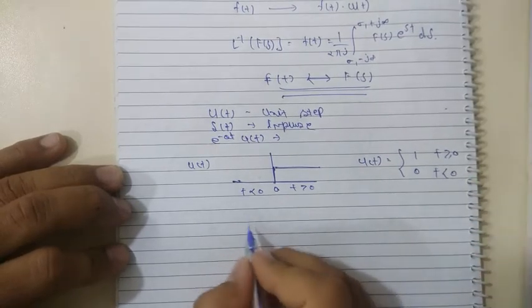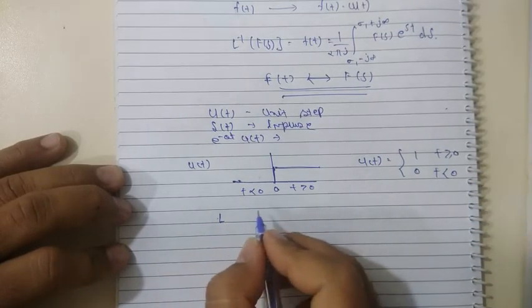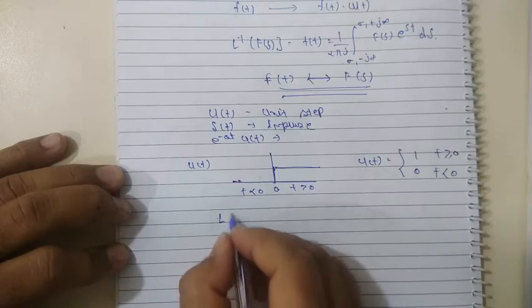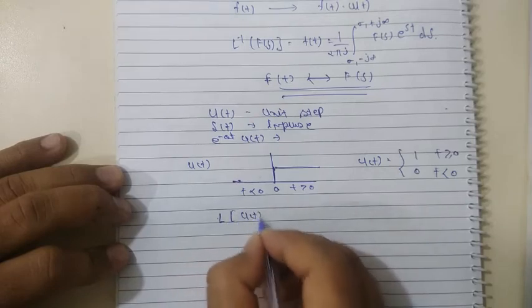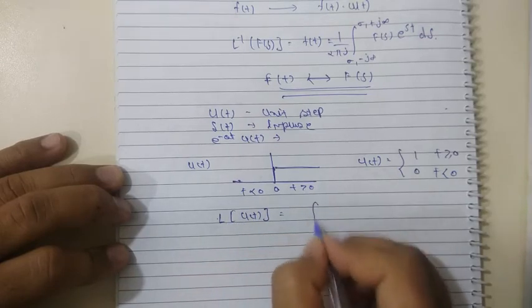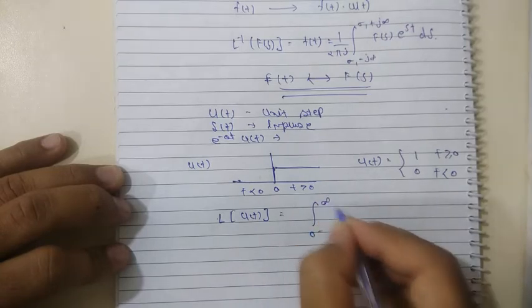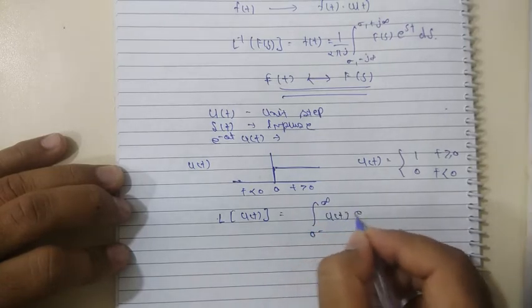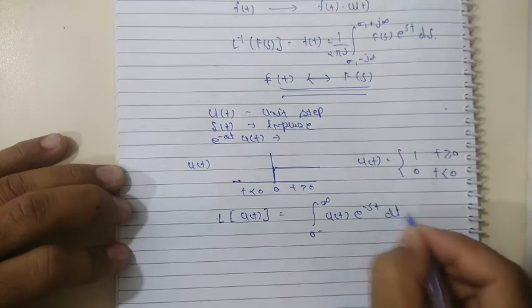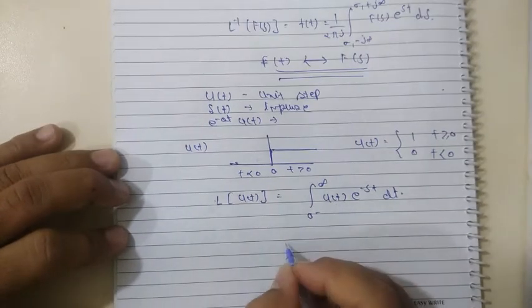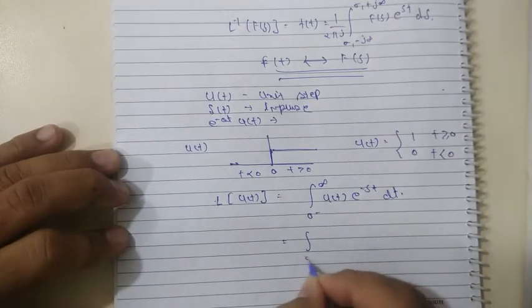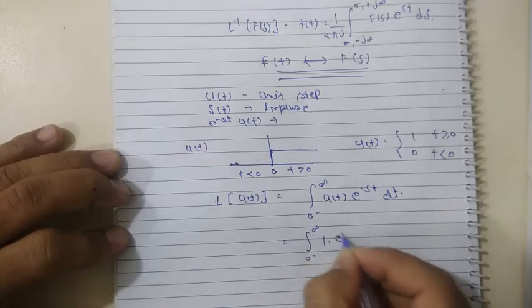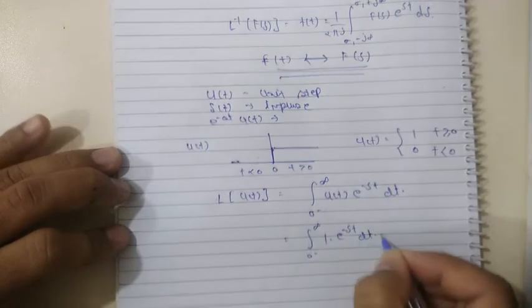Applying the Laplace transformation formula, the Laplace transformation of u of t is the integral from 0 minus to infinity of u of t e to the power minus st dt. Here u of t is 1 for this given limit, so 1 dot e to the power minus st dt.